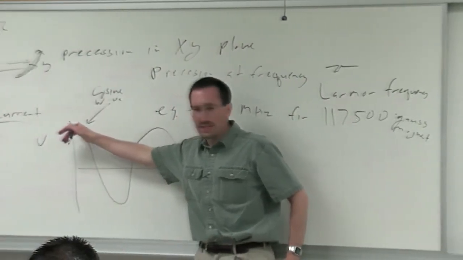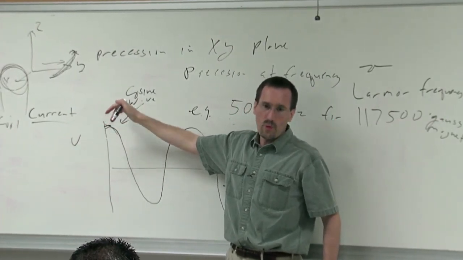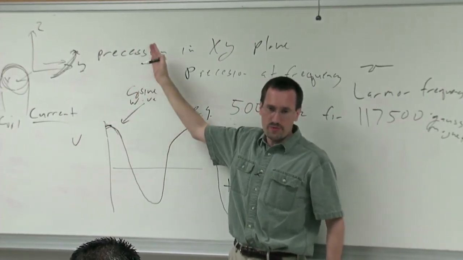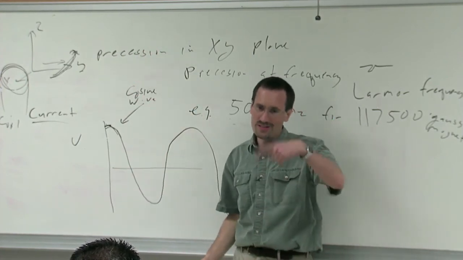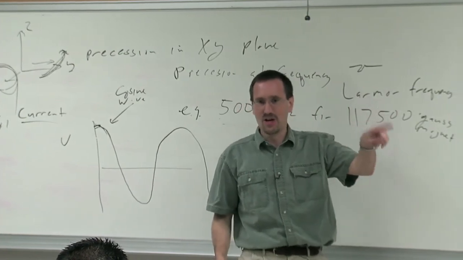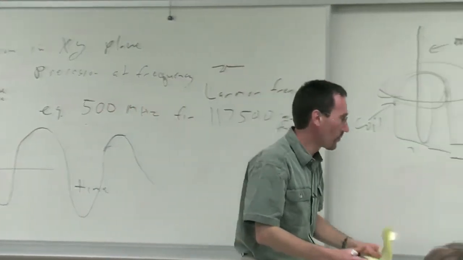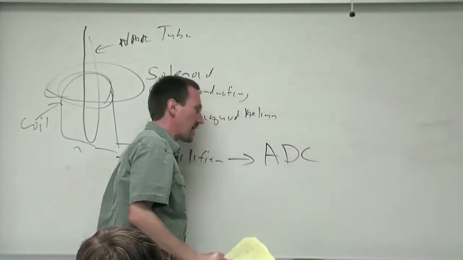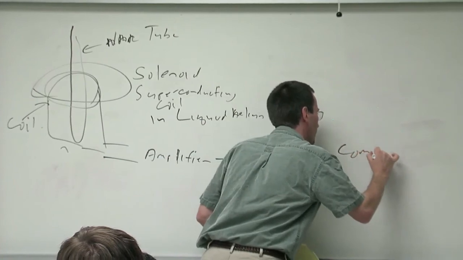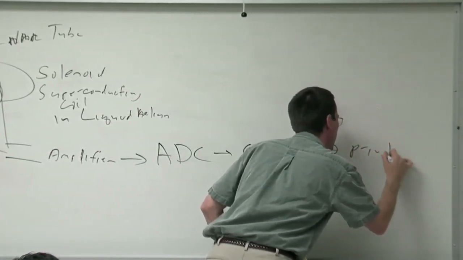So in other words, instead of having a voltage here that's 1.007823 millivolts, you're basically going to convert your voltage to binary and say that's 1110011, etc. So we go to an ADC, or analog to digital converter, and then that goes to a computer and to a printer.